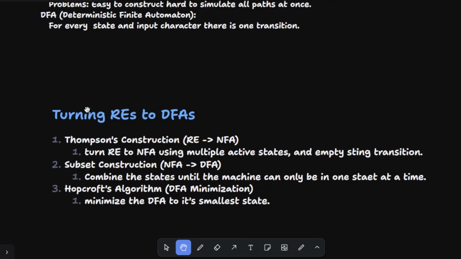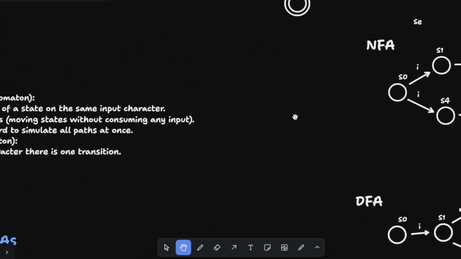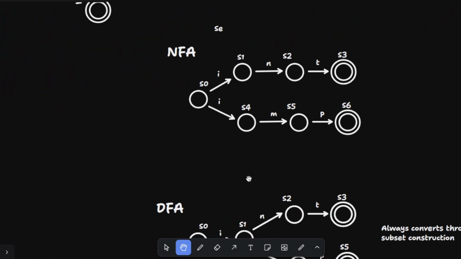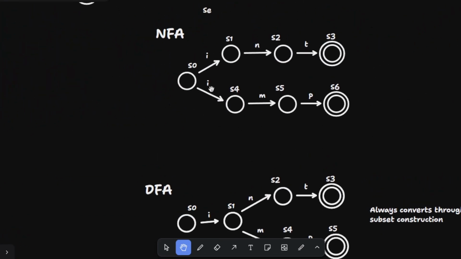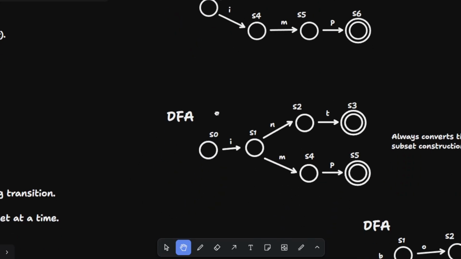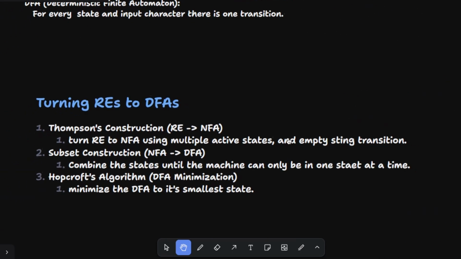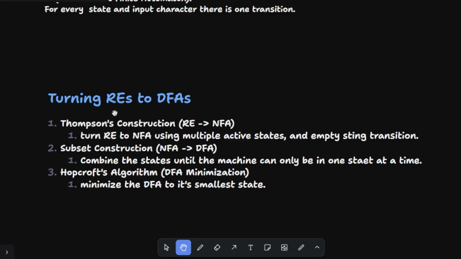Now we know regular expressions are made up of the patterns, right? And non-deterministic finite automatons are easy to make based off regular expressions, and all non-deterministic finite automatons can be turned into deterministic finite automatons. So what we want to do is turn regular expressions into deterministic finite automatons. We do that with Thompson's construction.